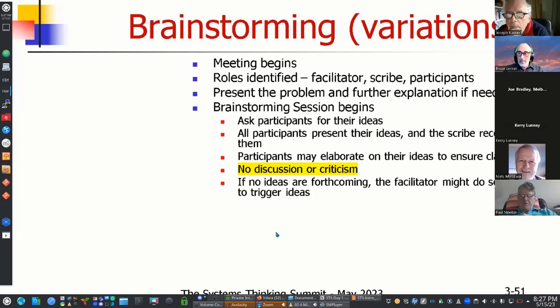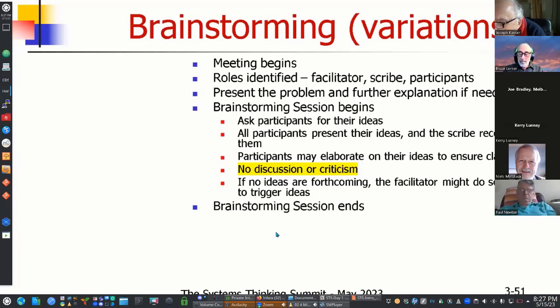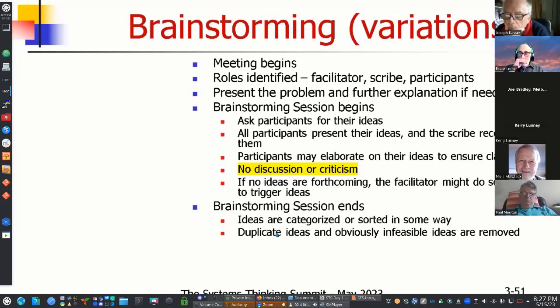There is no discussion or criticism. If no ideas are forthcoming, the facilitator might do something to trigger ideas, and then the brainstorming session ends. Then the ideas are categorized or sorted in some way, and duplicate ideas and obviously infeasible ideas are removed. They're not actually thrown away. They're saved because one day they might be feasible. And then the meeting ends.